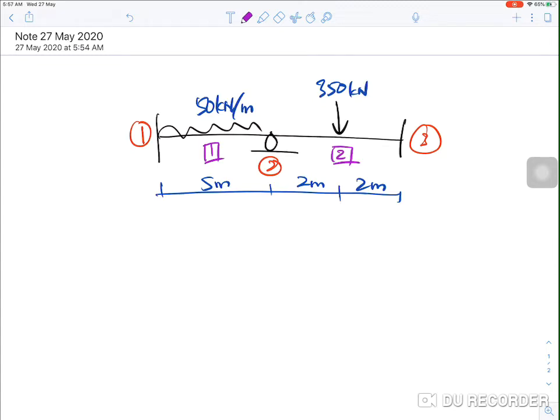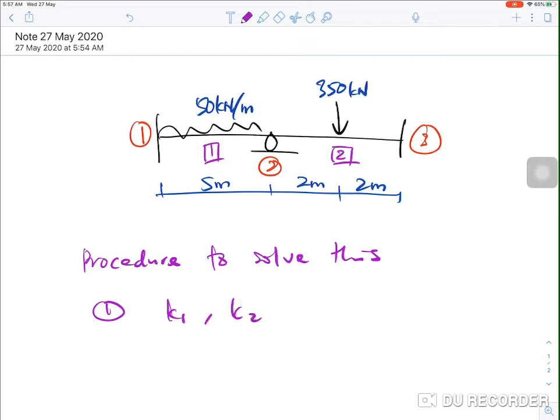To solve this, as usual, step number 1, we need to establish K1 and K2 and then K. K1 and K2 are the element stiffness matrices for element 1 and element 2, and K1 plus K2 is equal to the structure stiffness matrix.